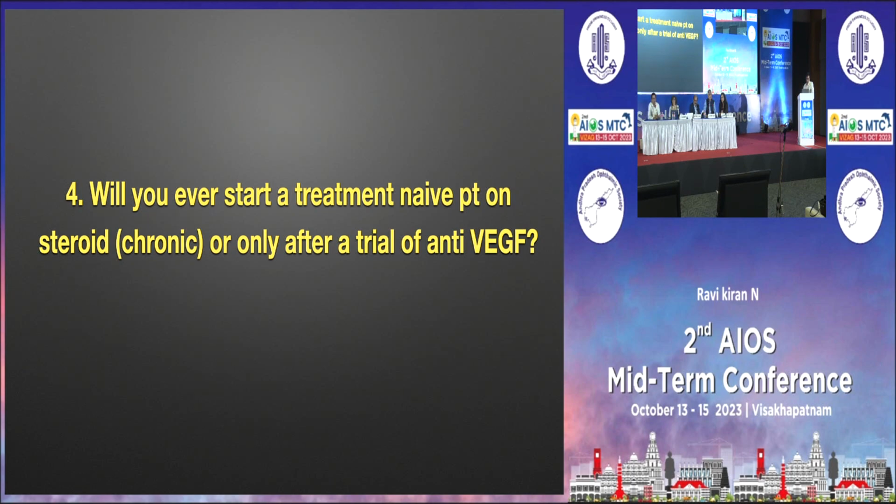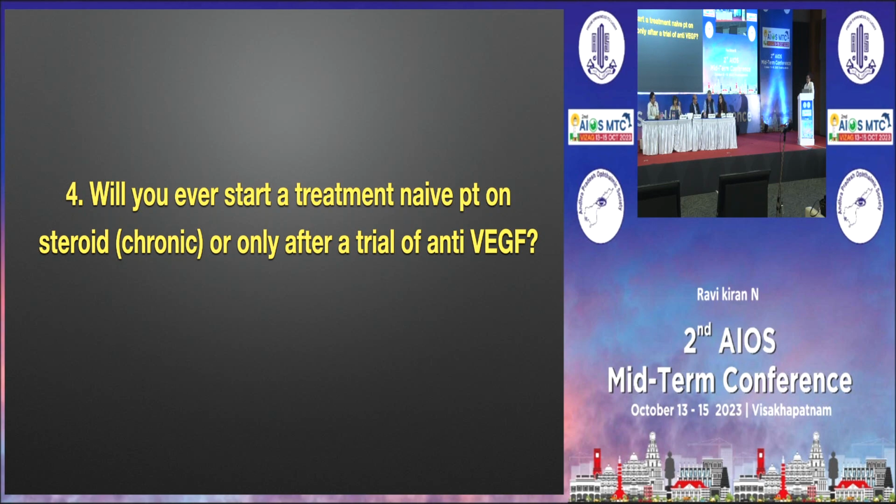Will you ever start a treatment-naive patient, if it appears as chronic DME on OCT, on a steroid, or only after a trial of anti-VEGF? In any case, sometimes if a patient is pseudophakic or about to become pseudophakic, I may start a steroid also, because it's not always necessary that you always start with anti-VEGF.